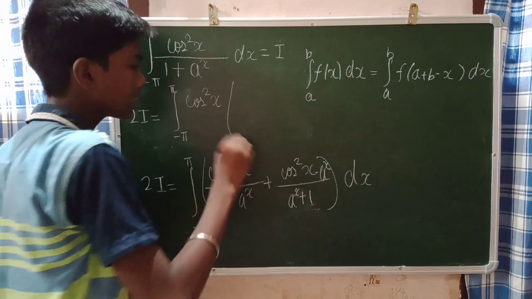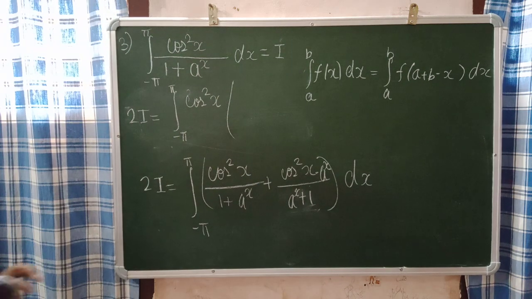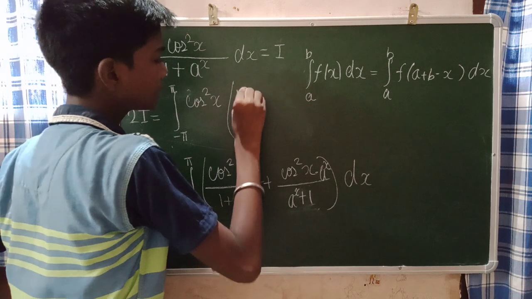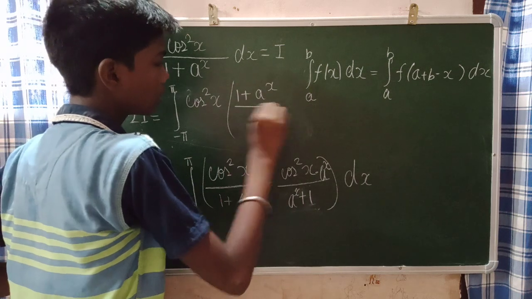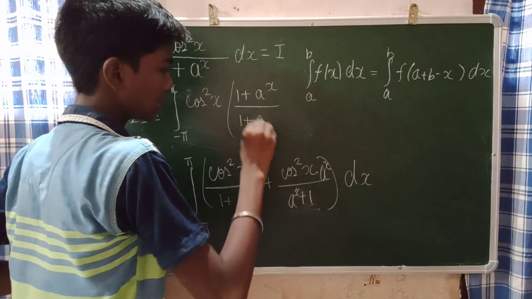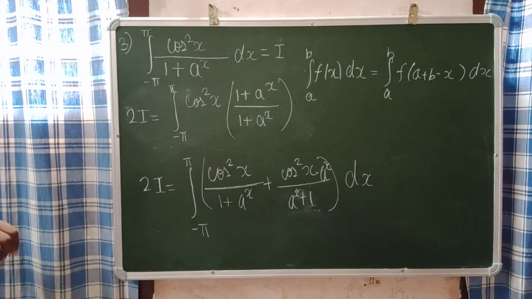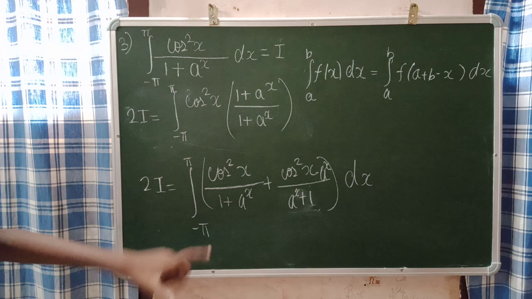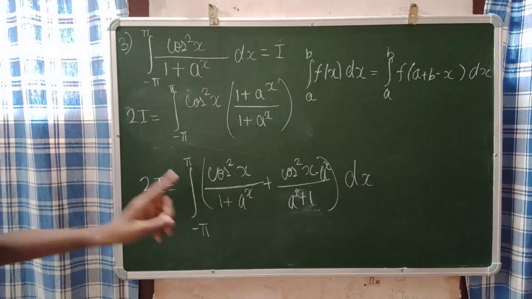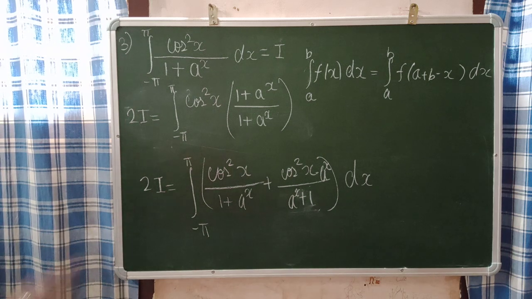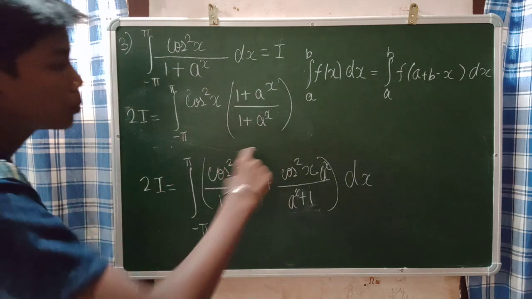When you take cos square x common, I will get 1 plus a power x divided by 1 plus a power x.